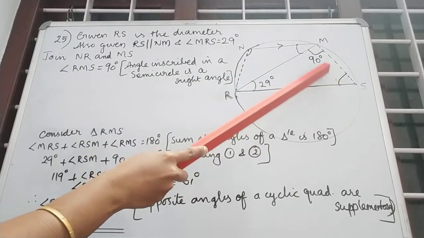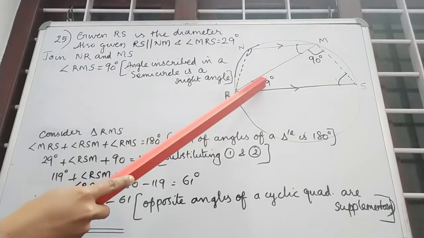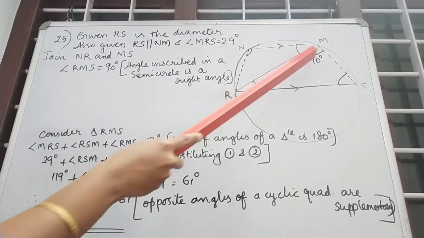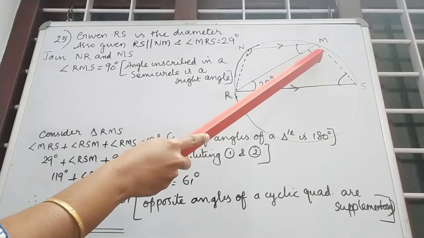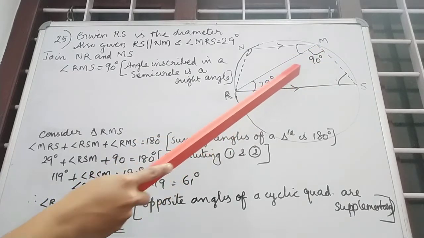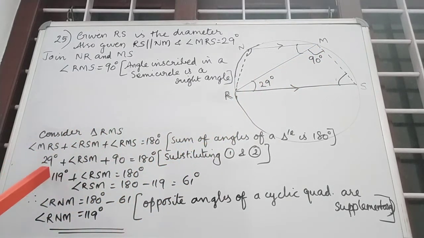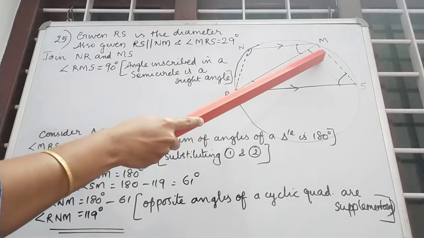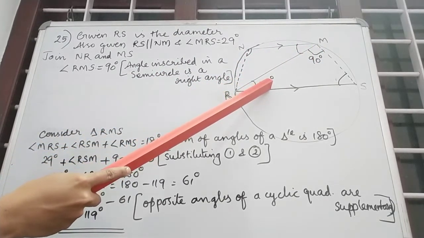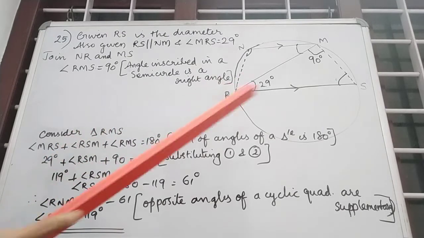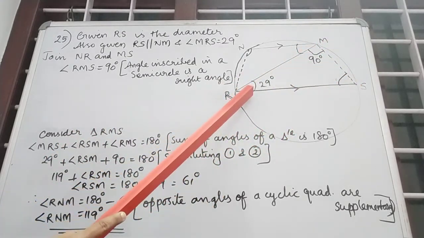First we want to find the sum of these two, that is 29 plus 90. That will be 119. Total angle is 180 degree.